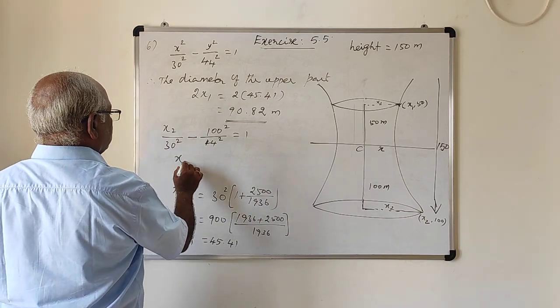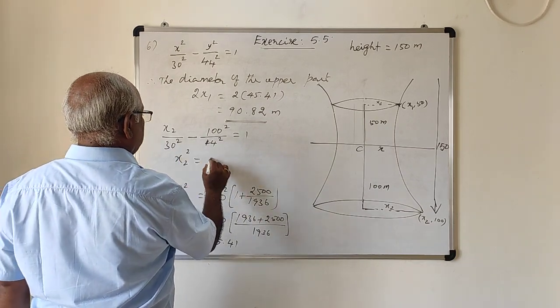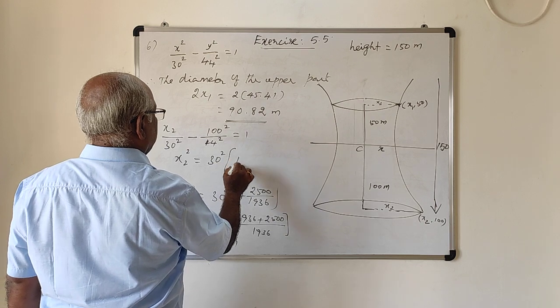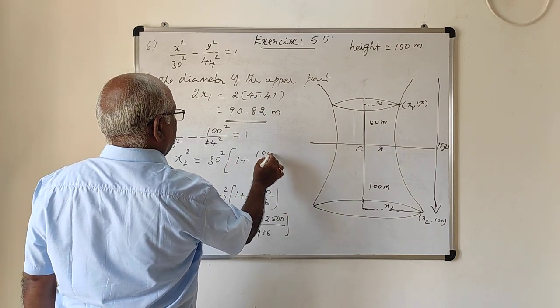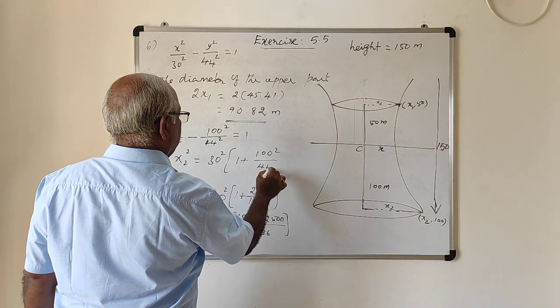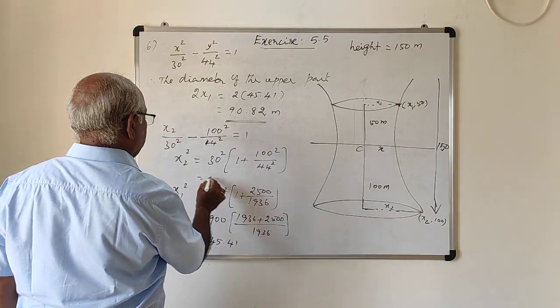From that you get x2 square equal to 30 square into 1 plus 100 square by 44 square.